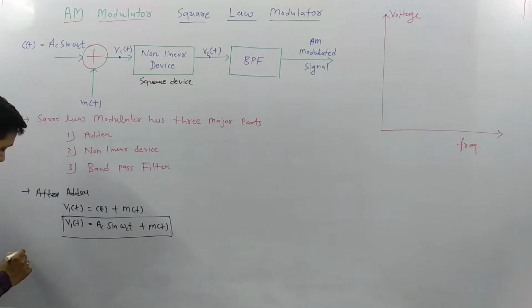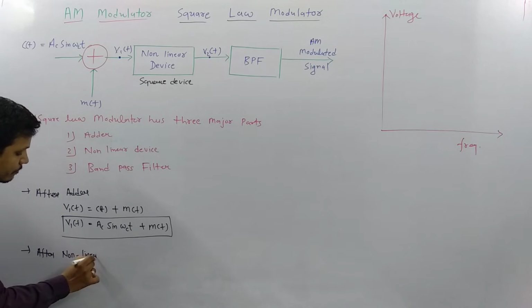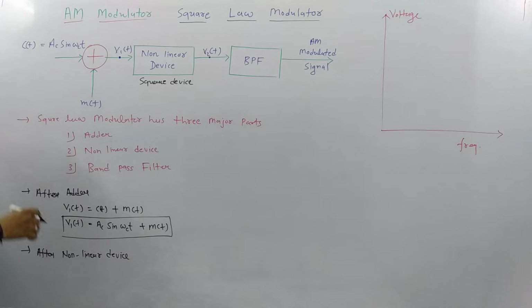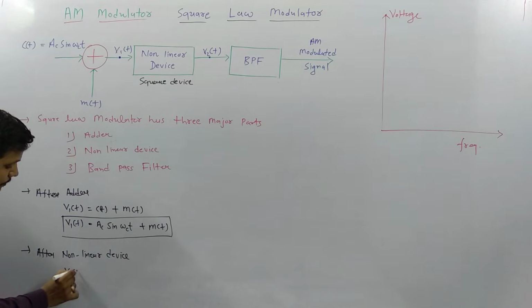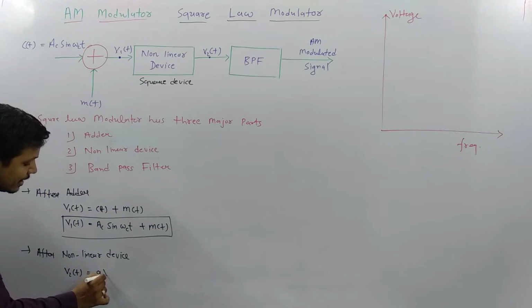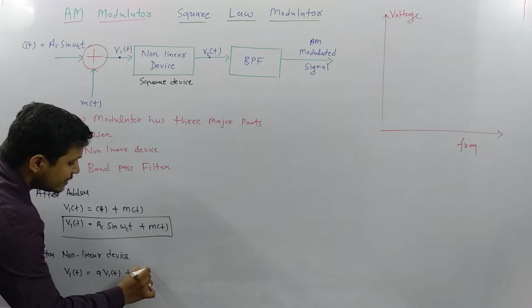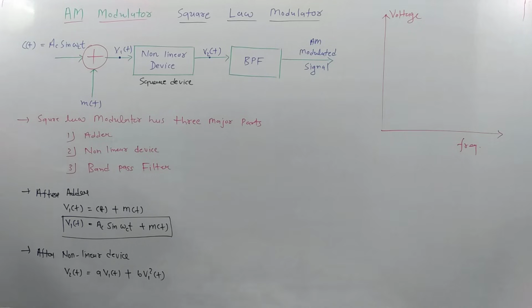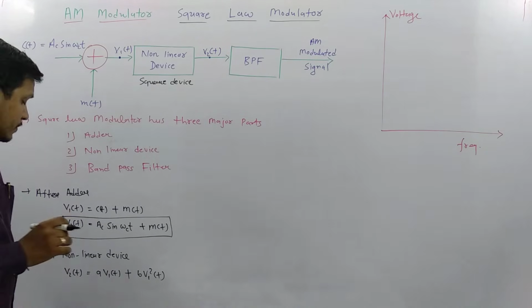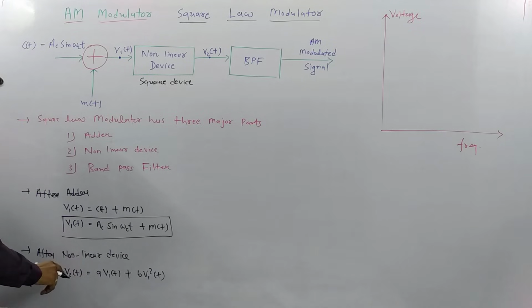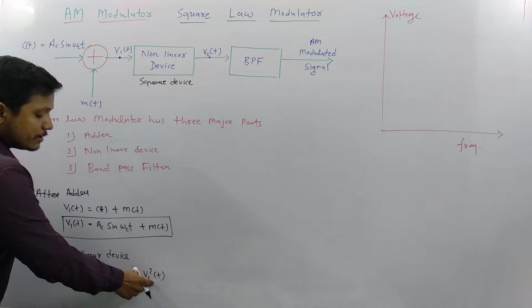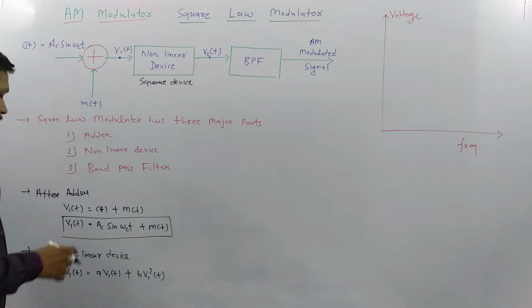The signal V2(t) will be small a into V1(t) plus small b into V1 square of t, where a and b are constants. So the non-linear device has a characteristic which gives the output V2(t) equal to a V1(t) plus b V1 square of t. That will be the output of the non-linear device.